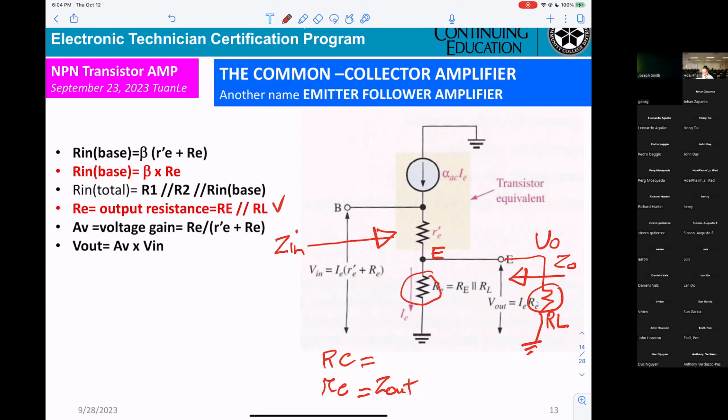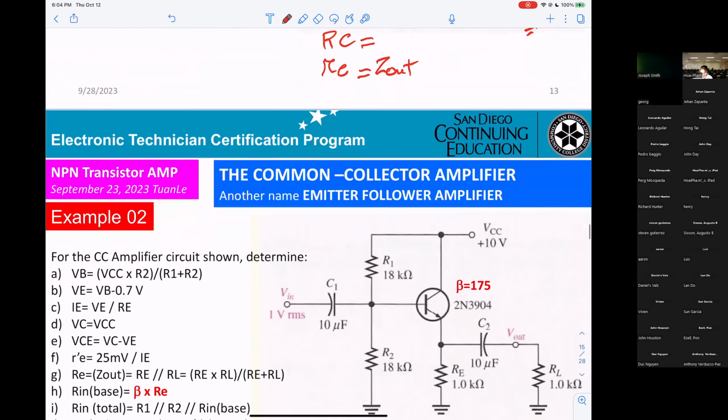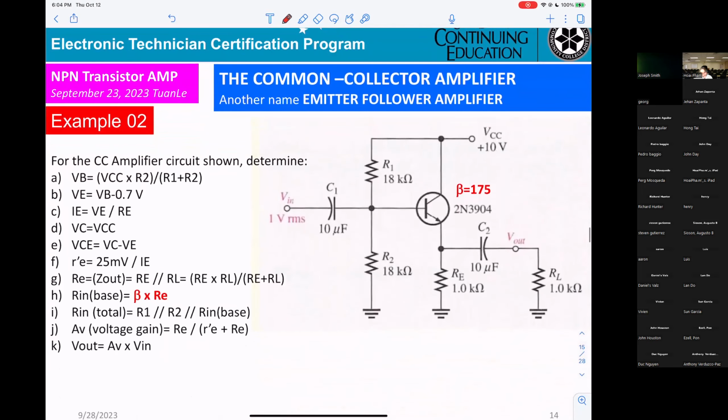Okay. And if you calculate the voltage gain, they give you the voltage gain, equal to RE divided by r'e plus RE. If you get the gain and you want to calculate the V out, you take the input times the gain. Okay, I want you to do this calculation for me, from A to K. Go ahead and do it.